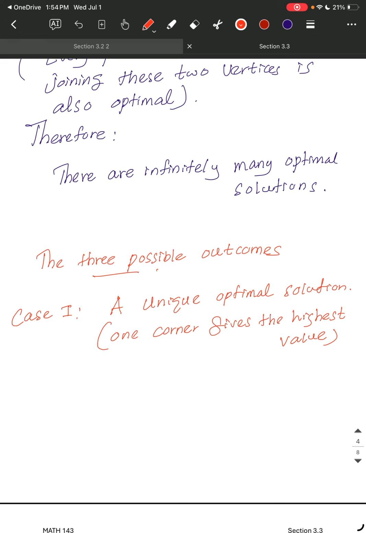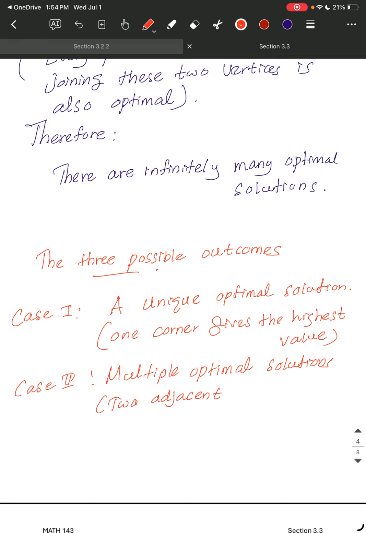Case 2, multiple optimal solutions. So that is 2 adjacent corners produce the same objective values.